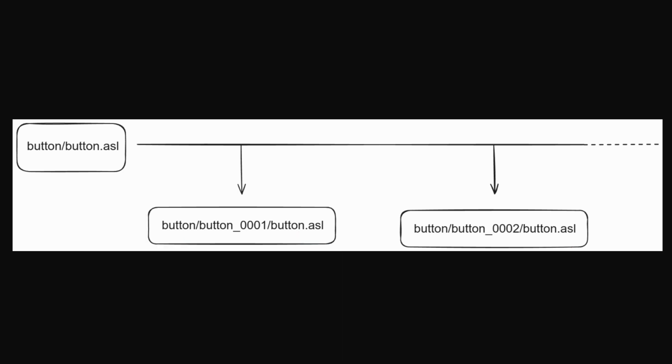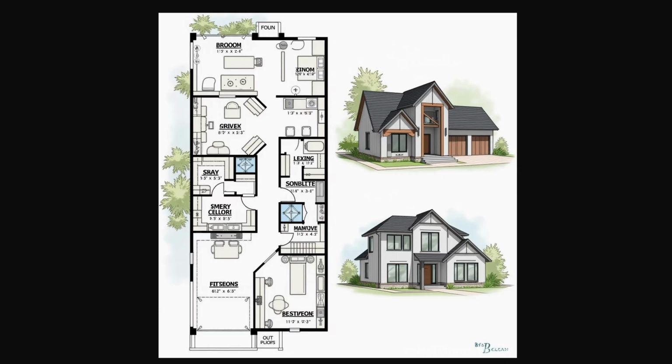In order to understand why you don't need to worry about the gaps in these folder numbers, and to understand what's going on here, I have to give you an example from real life, specifically from architecture. On this image, you will see a floor plan on the left side and a real house image or rendering of that house on the right side.